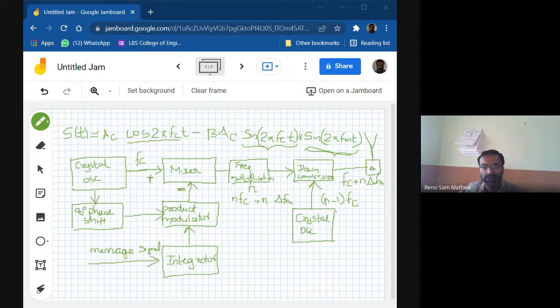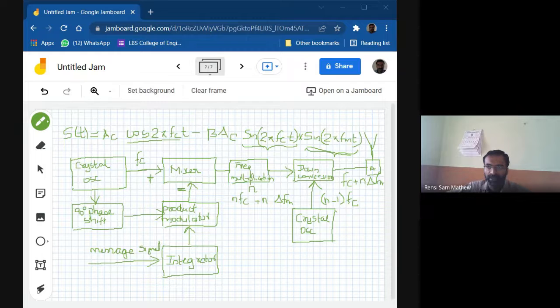So this is our method of FM generation. Either you can use a varactor diode modulator and directly generate the FM, or use this kind of Armstrong method and indirectly generate the FM signal.